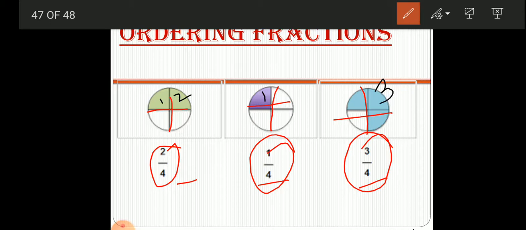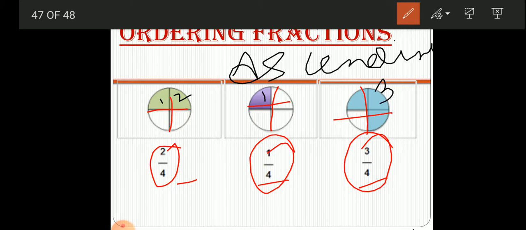So when we have to arrange it in ascending order, that is smaller to bigger, we'll be seeing the fraction which is small. So out of 2, 1 and 3, you all know the number which is small is 1.